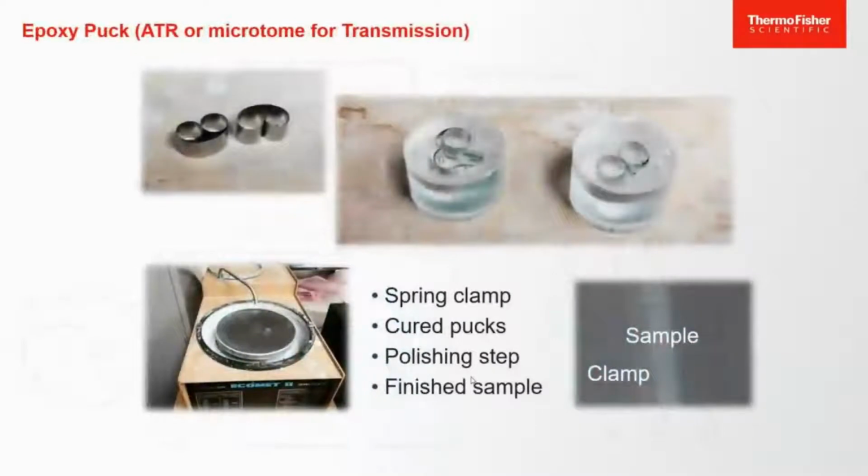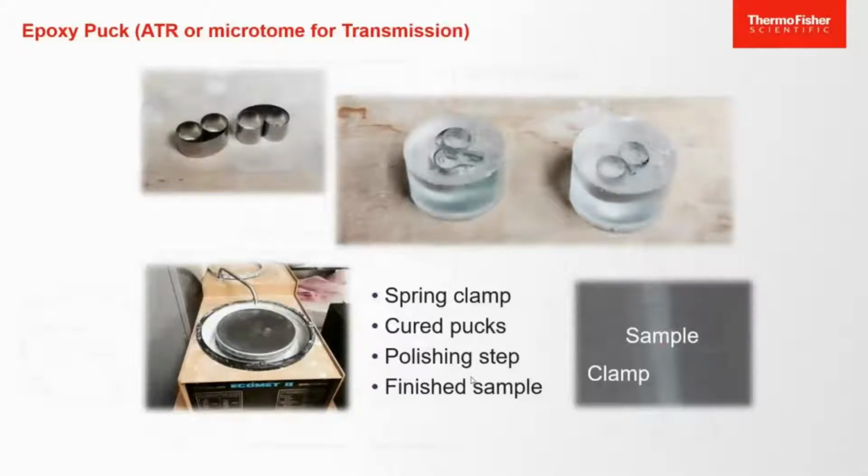Now, this is a microscope technique that's been around for many years in both visible and in infrared. This is where you embed the sample into an epoxy puck. What you see in the upper left are little springs.